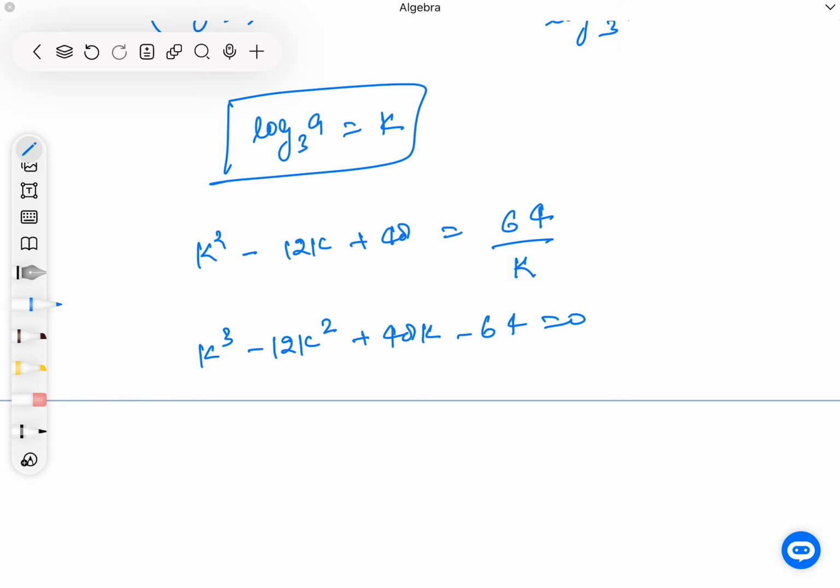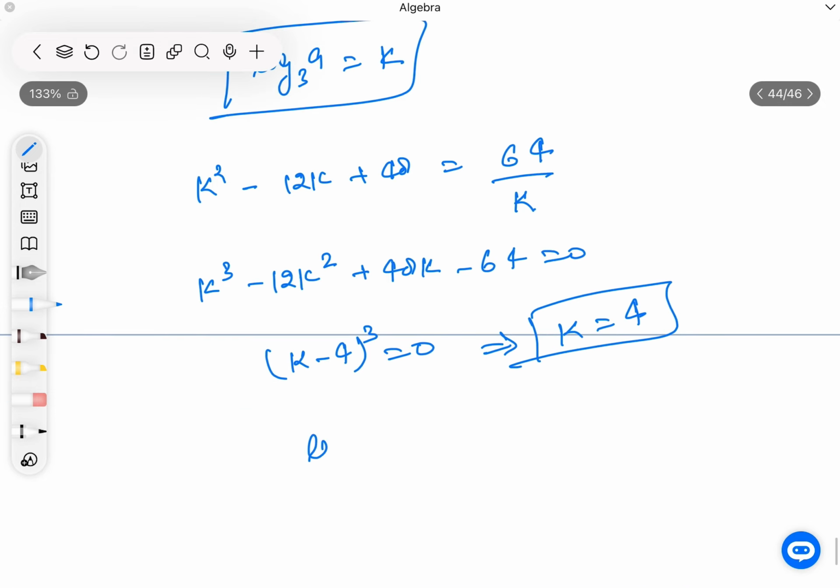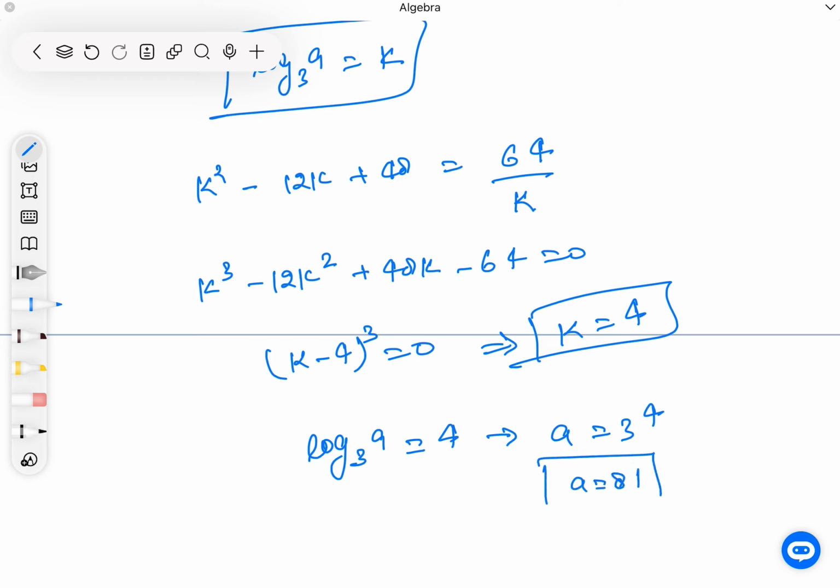Now if you really see the equation, it is nothing but (k − 4)³. So k is nothing but 4. So that means log of a with the base of 3 is 4. So a is 3 to the power 4. That is a is 81, and that is your answer.